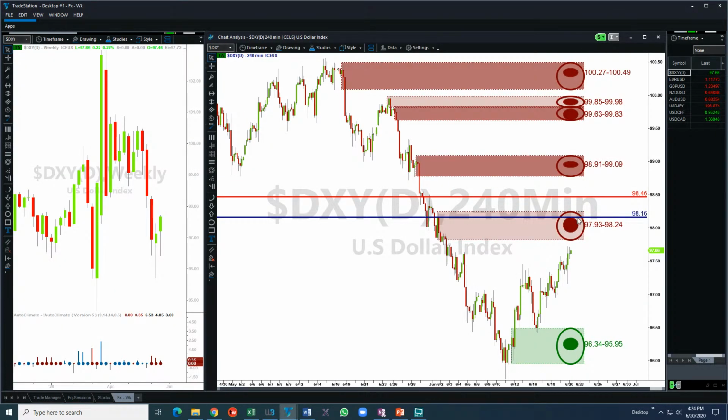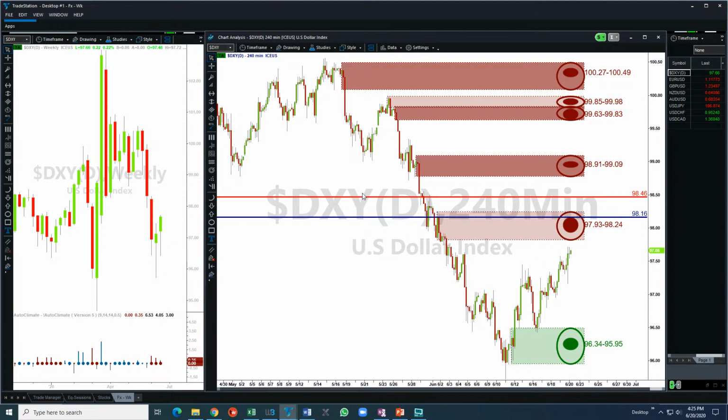So I'm really expecting this zone to be tested, but even if it gets into this area, not a problem. We wait for Monday morning, London open, spread becomes low, liquidity comes in, we can place this order. Okay, hope that answers the question, Noel.